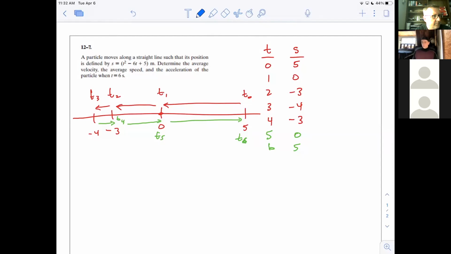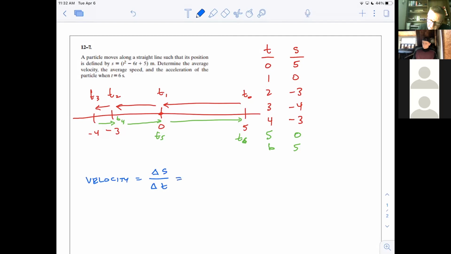Velocity implies direction, whereas speed doesn't care about direction. Technically, velocity equals the change of s over the change of time, like I just said a second ago, ds dt.